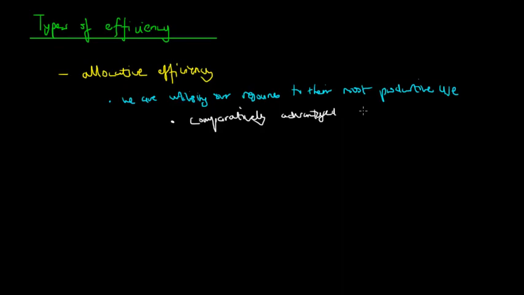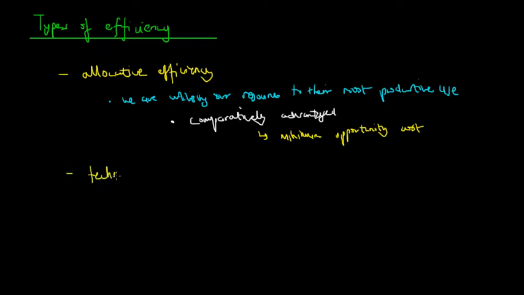So what the government has tried to do using supply side policies is to redirect resources into these areas of comparative cost advantage so that we are producing what we are producing at the minimum opportunity cost. So that's the first type of efficiency, is this idea of allocative efficiency.